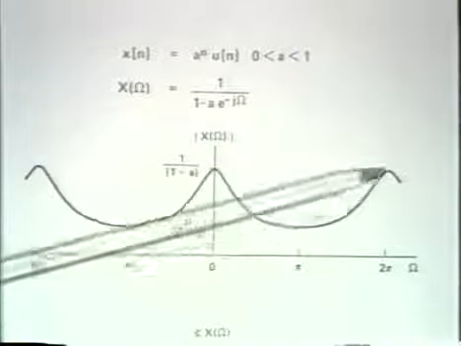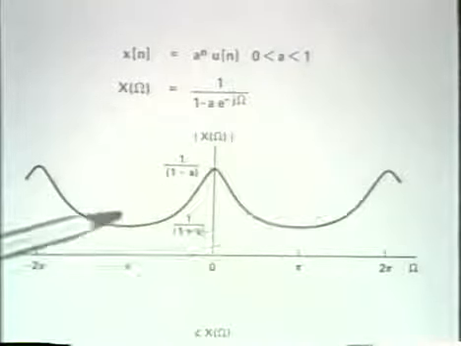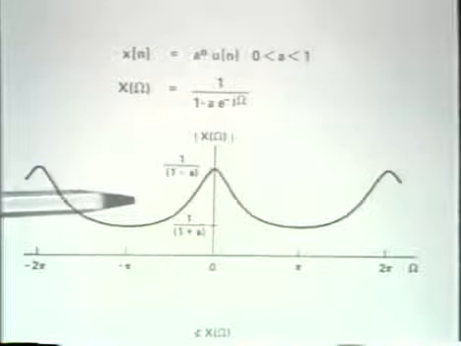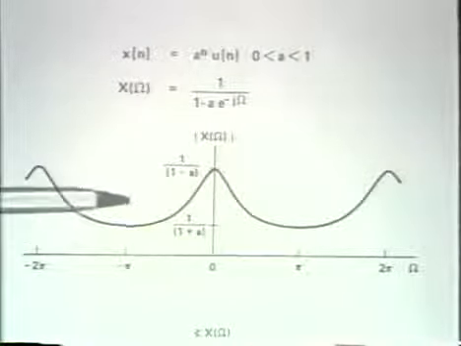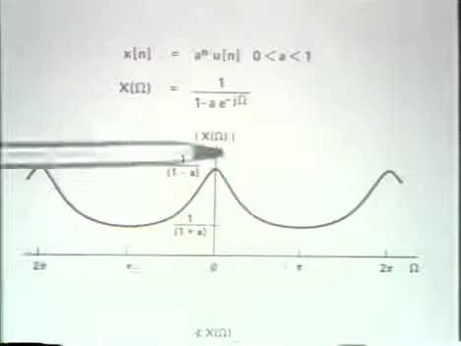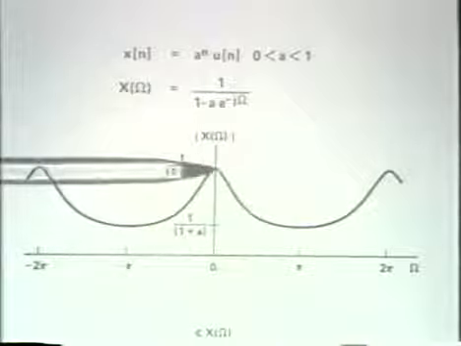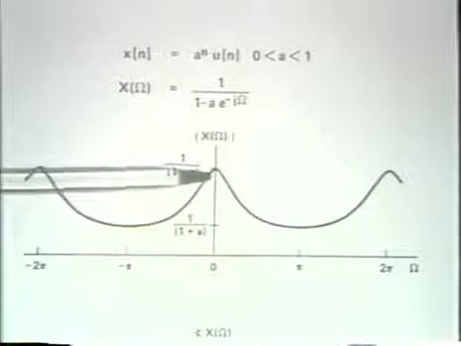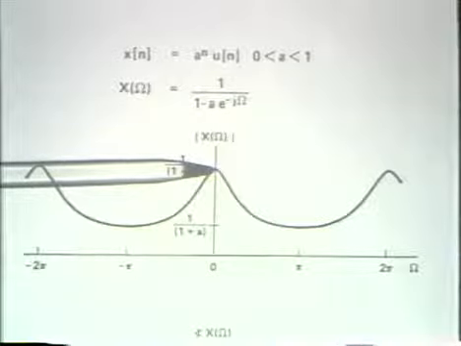And then, of course, it is periodic. And the periodicity is inherent in the Fourier transform in discrete time. So we really might only need to look at this either from minus pi to pi or from 0 to 2 pi. The periodicity, of course, would imply what the rest of this is for other values of omega.